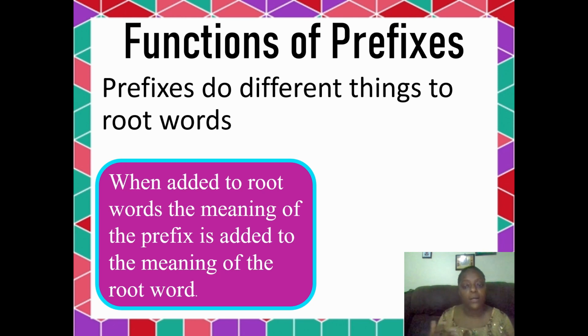When you add the prefix un, it does not remove the meaning of happy. It's just telling you that no, I am not joyful or whatever. But in both words, un means not, so it adds the word not. And so it forms the opposite of the term to which it was added.